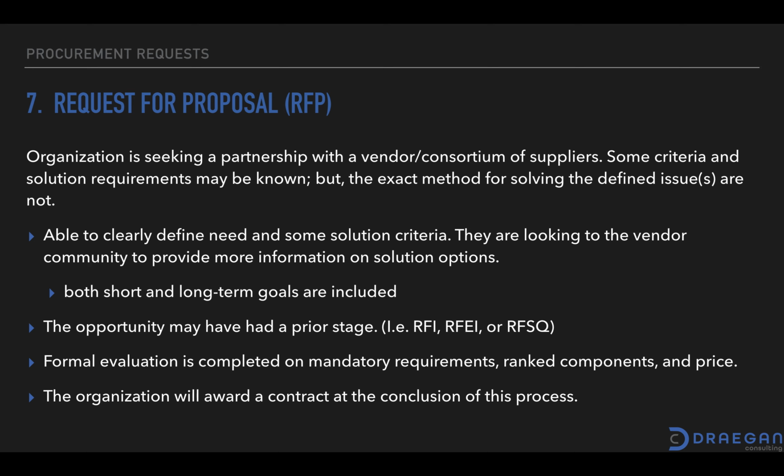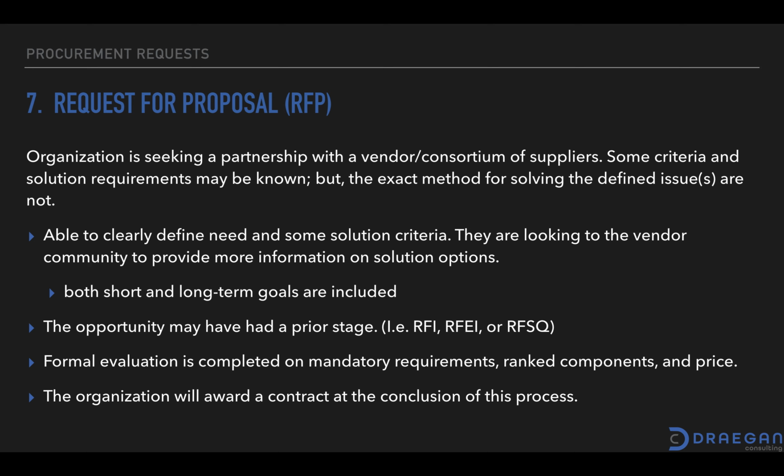Second, ranked components, which are the qualitative or scored items, in an instance where the solution hasn't been articulated very clearly with criteria but the vendor is coming to the table with a solution. There are rankings associated with that, and that is evaluated. And then pricing is also evaluated.